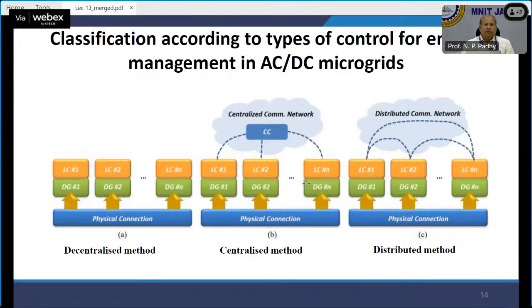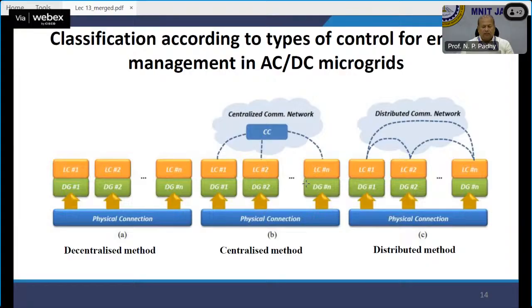Now, classification according to types of control for energy management in AC/DC microgrid, there are three mechanisms. We all know it. One is decentralized, centralized, and distributed method. Though we discussed a lot about it, I'm not going to spend more time, but I brought this diagram to make sure that there is a centralized communication network. In case of decentralized, there is no communication.